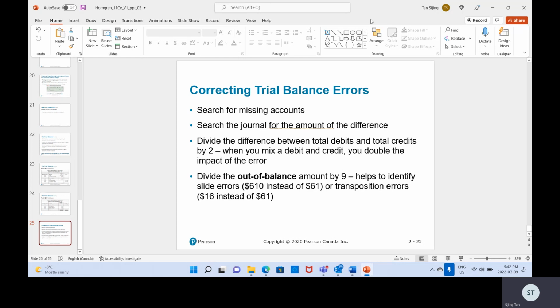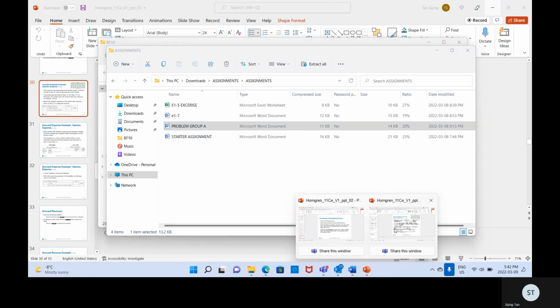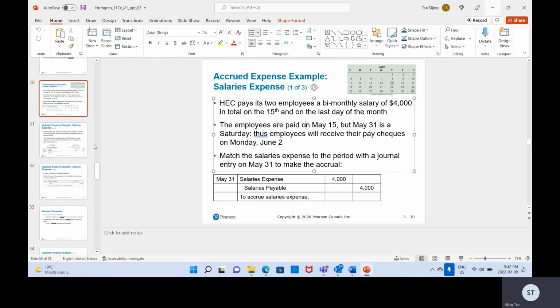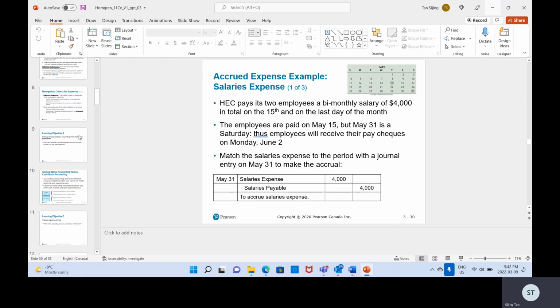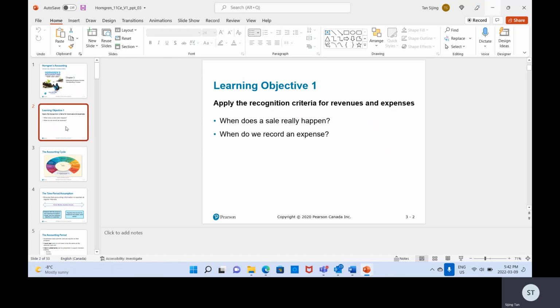Now we will quickly go through a few questions or maybe a slideshow on chapter 3. We're going to talk about a few different accounts and have a brief introduction. Chapter 3 introduces the concept of the adjusting journal entry.